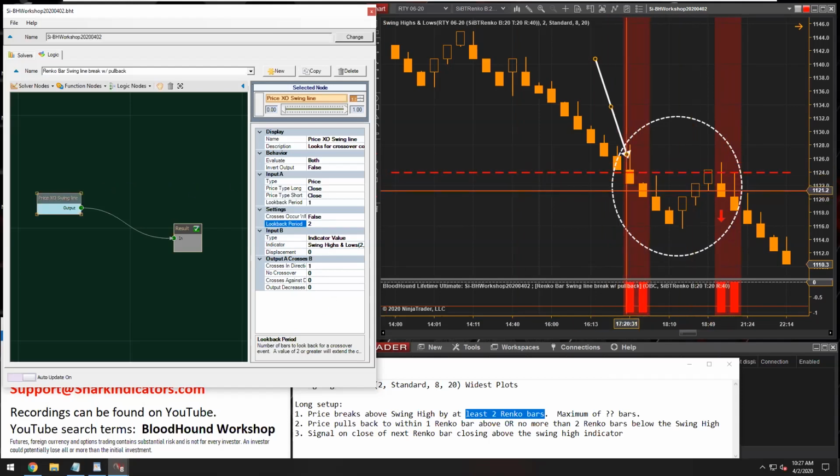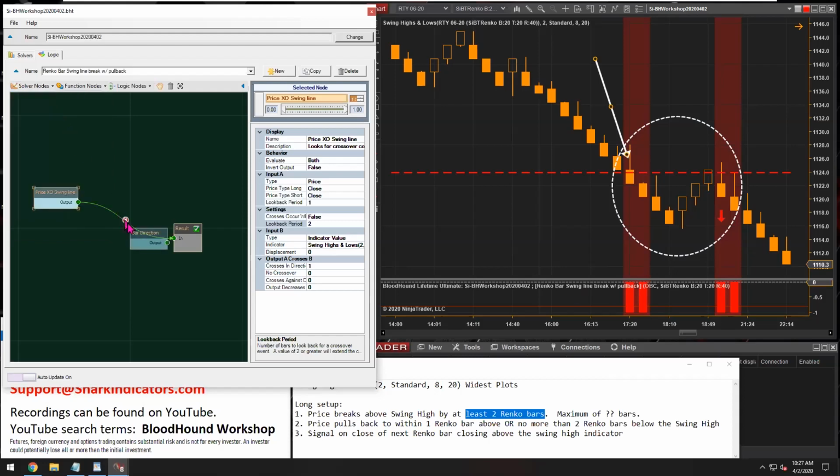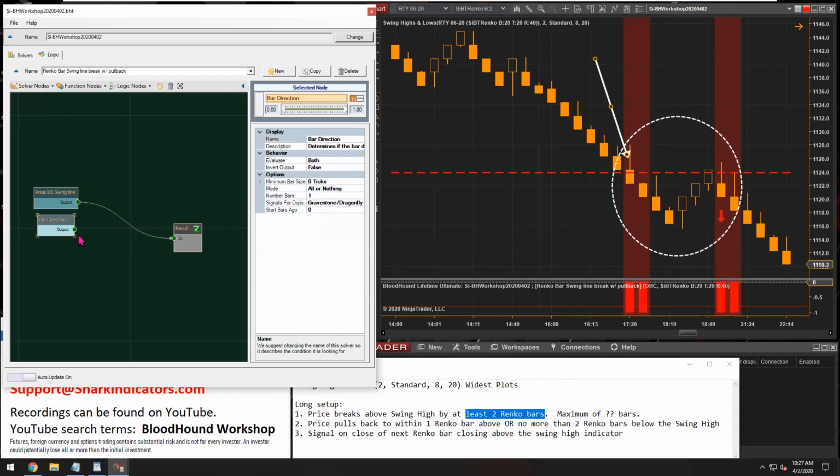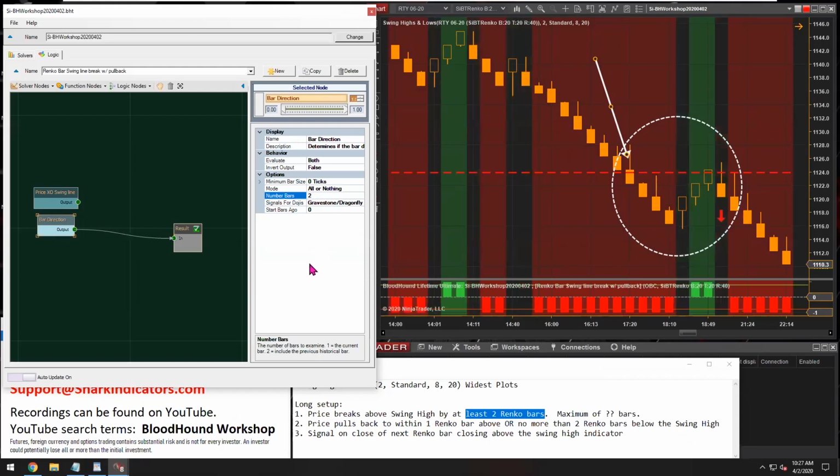And to make sure that we have at least 2 bars, I'm also going to grab a bar direction solver. So let's connect that up. And with the bar direction solver, I need a number of bars of 2, like so.